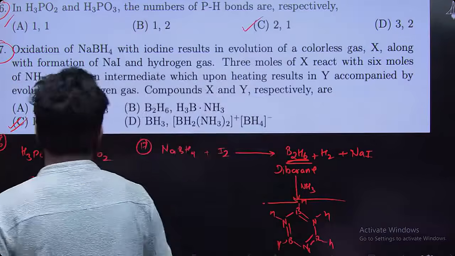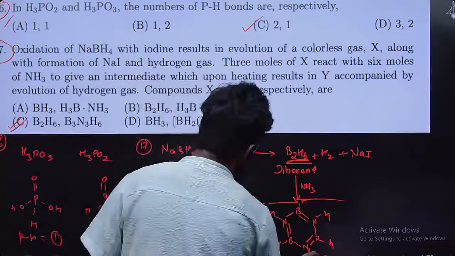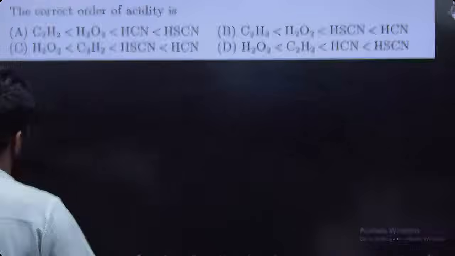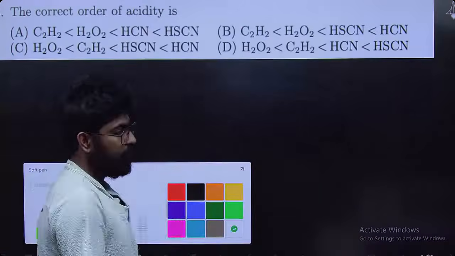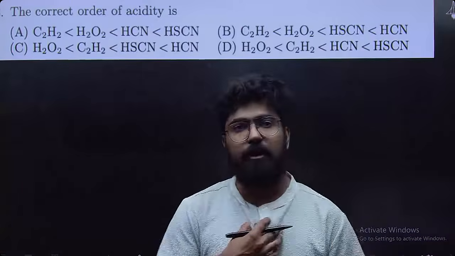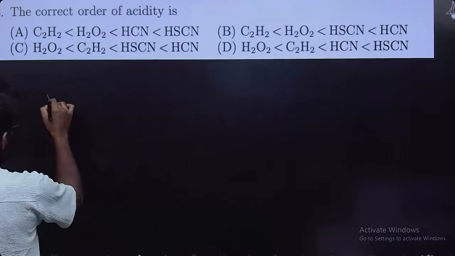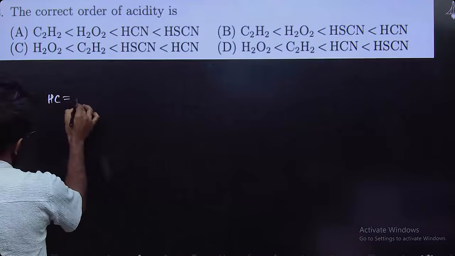Now moving to the next question. The correct order of acidity is... now we know that for the comparison of acidity, we need to compare the stability of the anions that are formed by the removal of a proton. So basically we have this anion.